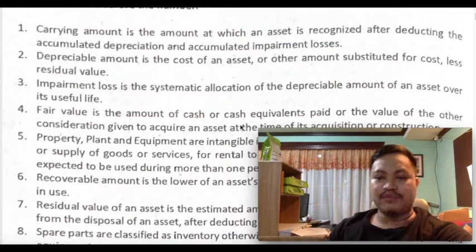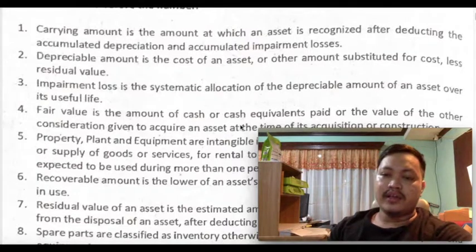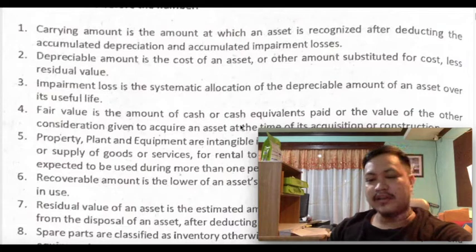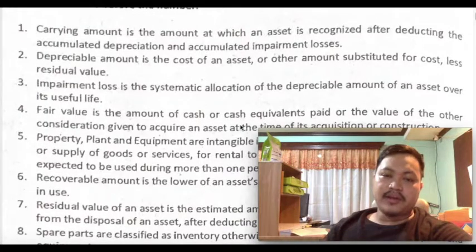If we go back to inventories, class, we consider inventory as impaired if its recoverable amount, which in the case of inventory is the net realizable value, is lower than its carrying amount, which is the cost as far as inventories are concerned. So for inventories, we say that they are impaired in case the net realizable value is lower than the cost of the inventories.